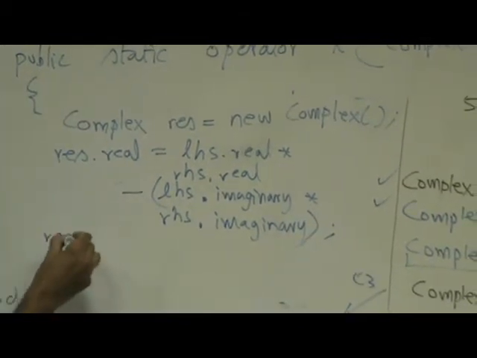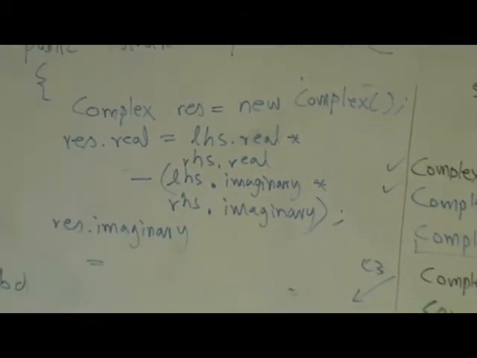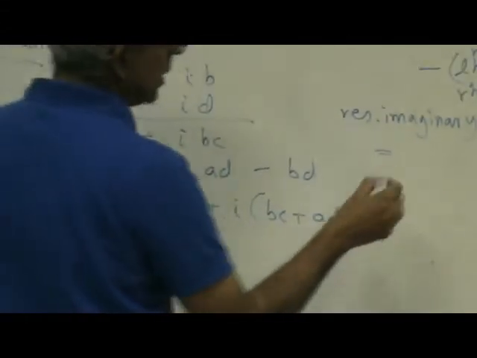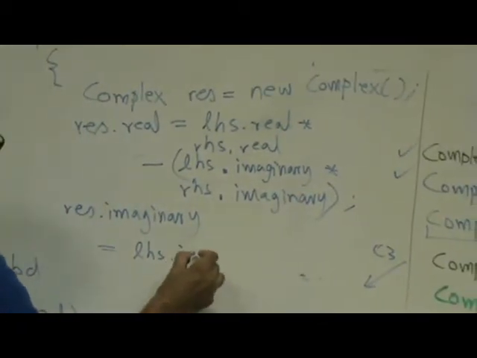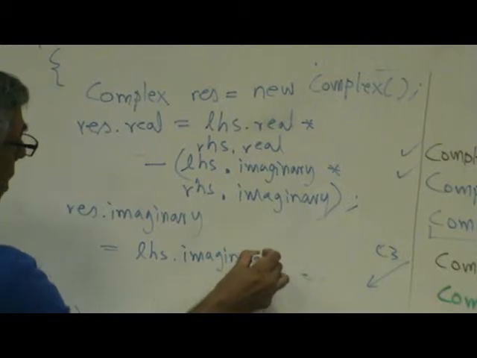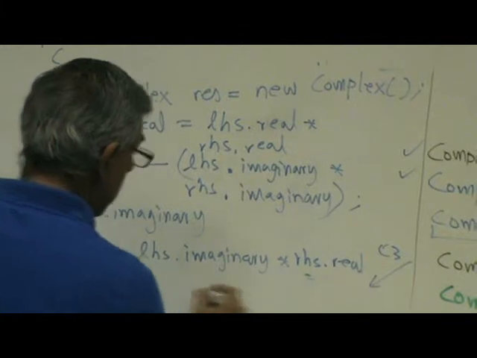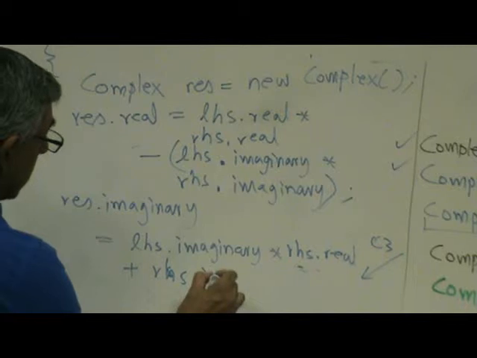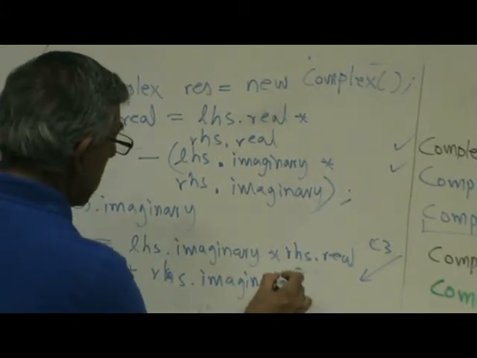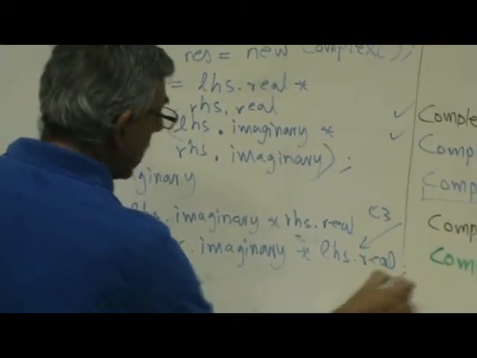And very similarly, result dot imaginary will be according to our BC, which is left hand side dot imaginary times right hand side dot real plus right hand side dot imaginary times left hand side dot real, right?